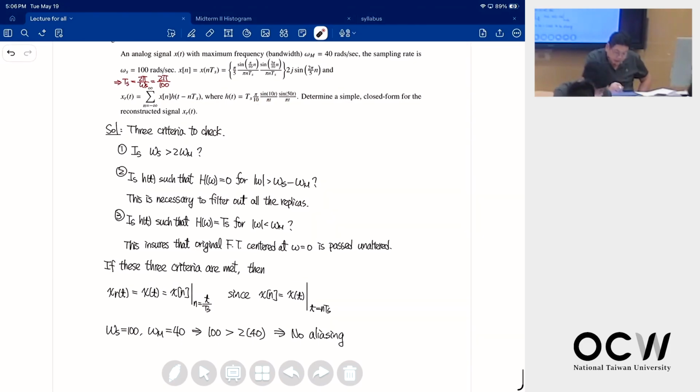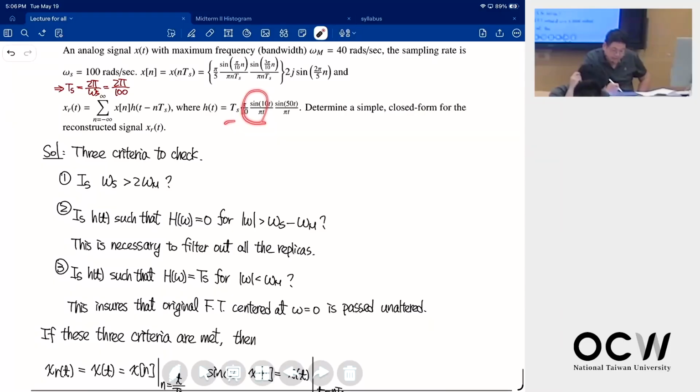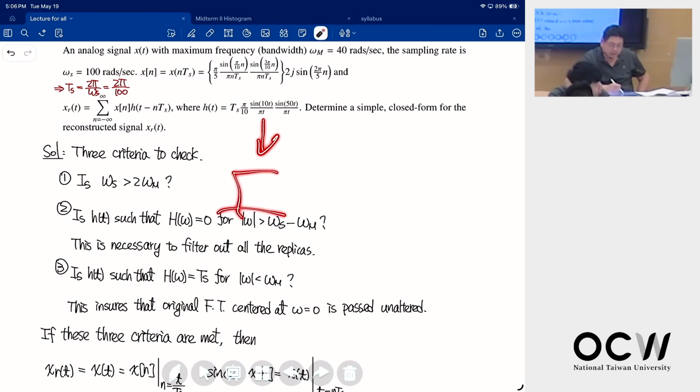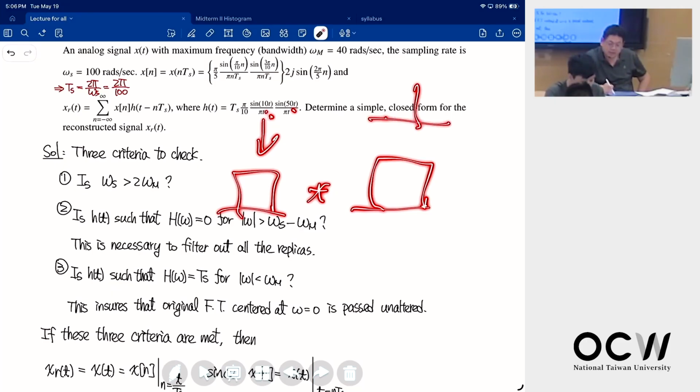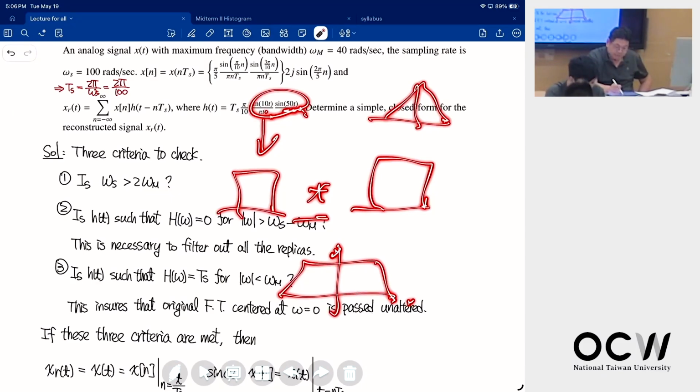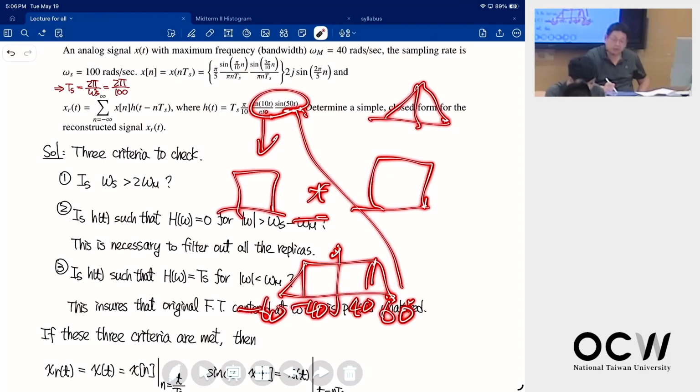In time domain, you see that I have a sinc function times together. In frequency domain, I have a rectangular convolved with a rectangular. They have a different width, so it is not the triangle. After convolution, you'll get the trapezoid. Right? So here 50 plus 10 will be 60 minus 60, and here there'll be 40 minus 40. Okay?